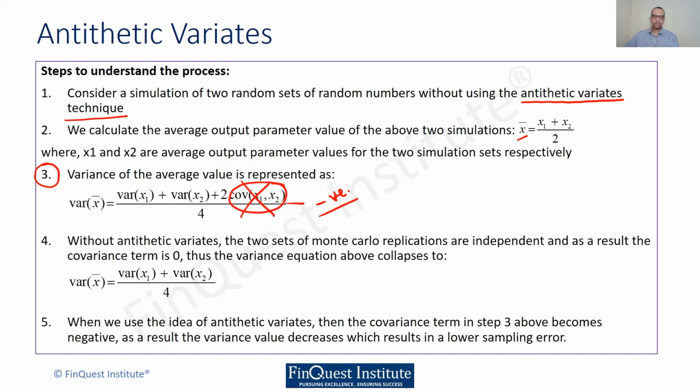It is because of this reason that, rather than using two random sets in the usual simulation, if we decide to use an antithetic variate case, we'll have a lower overall variance of the final output. And that is how it can help us improve our accuracy, i.e., it can bring down the sampling error which is part of the simulation model.